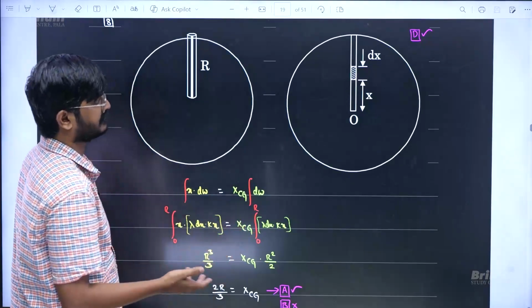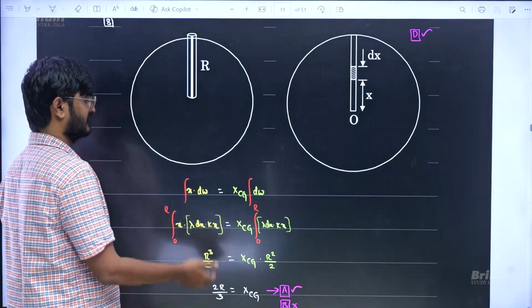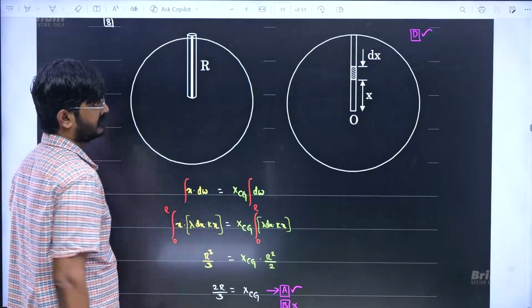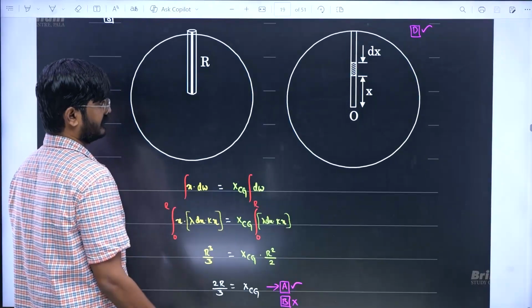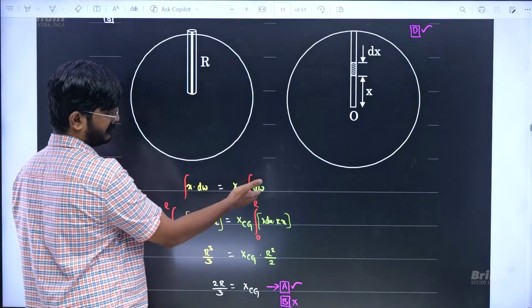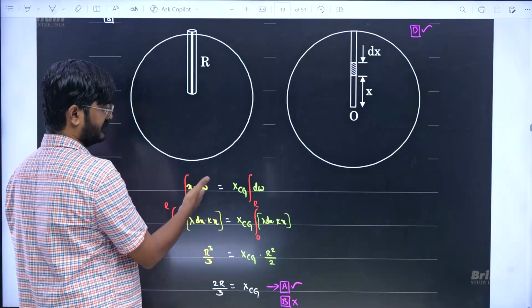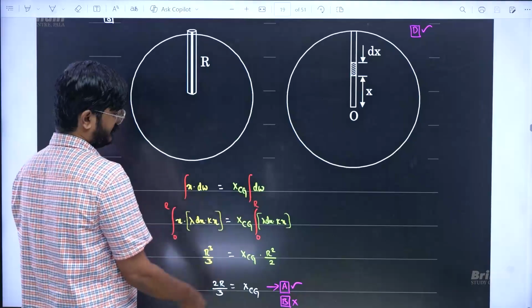But if it is center of gravity, instead of mass, we will be taking weight. If it is center of mass, we take x dm and dm. In case of weight, we will be taking x dw and dw.